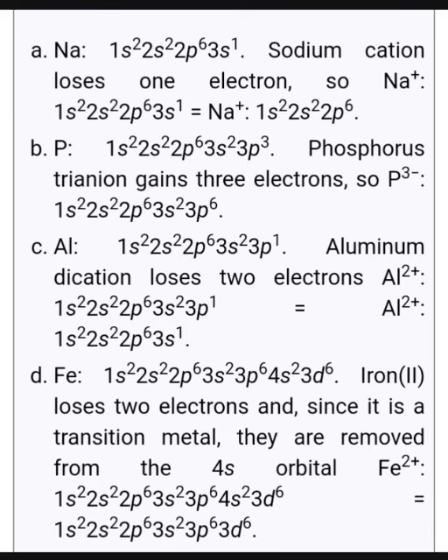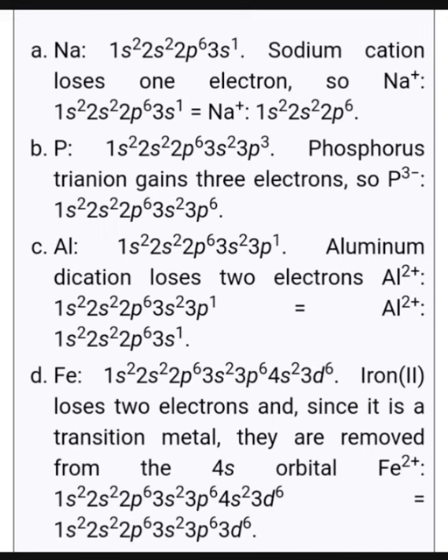For sodium to be in its ionic state, it's going to lose 1 electron. It's going to have Na plus. If it loses 1 electron, then this 3s1 will not be there again. So the electronic configuration of the sodium ion, Na plus, will be 1s2, 2s2, then 2p6. The same thing applies to phosphorus and its trianion.